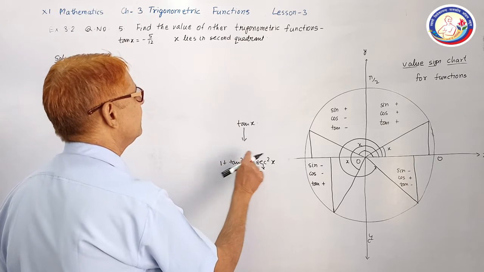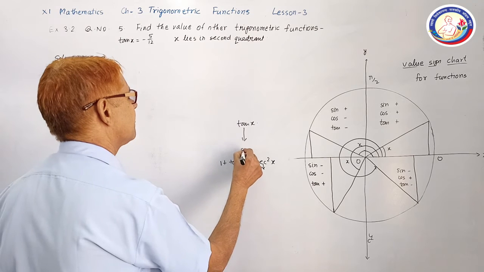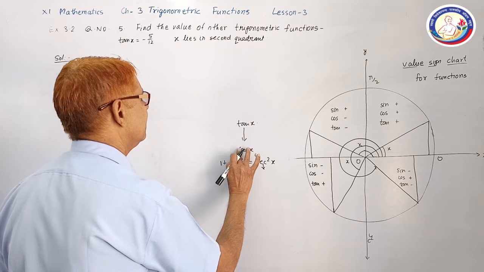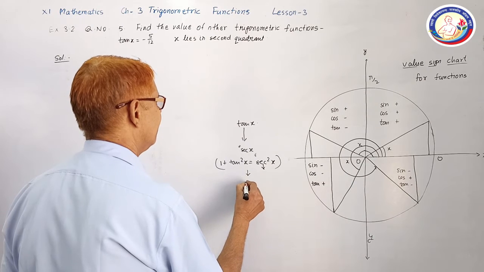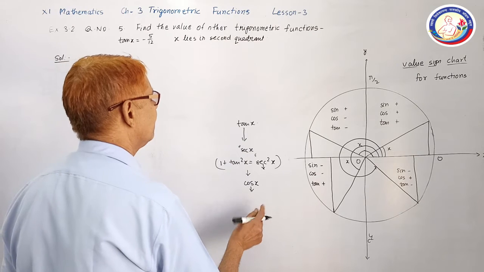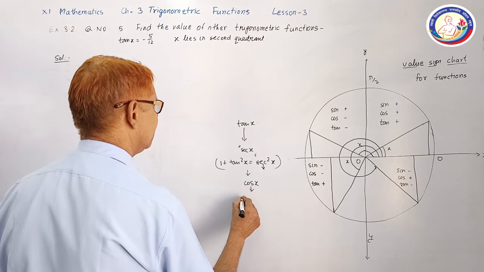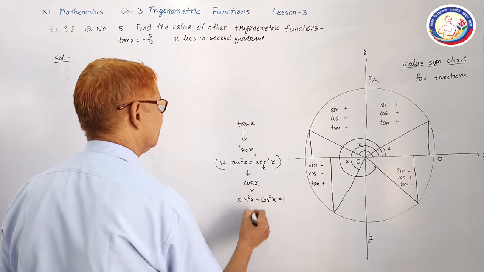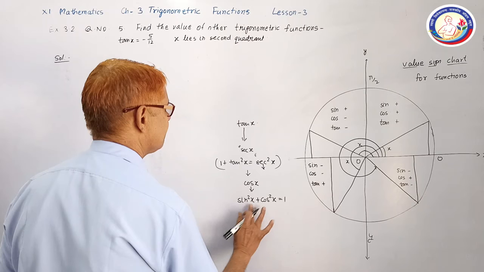We will find sec x using this identity. Then from sec x, we can find cos x easily. And from cos x, we can find sin x by using this identity: sin square x plus cos square x equal to 1.